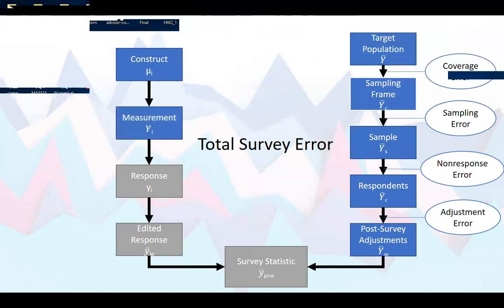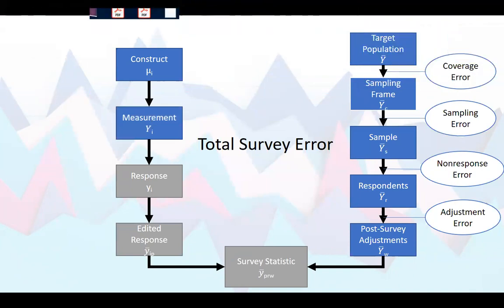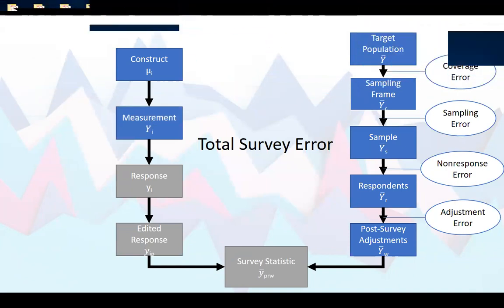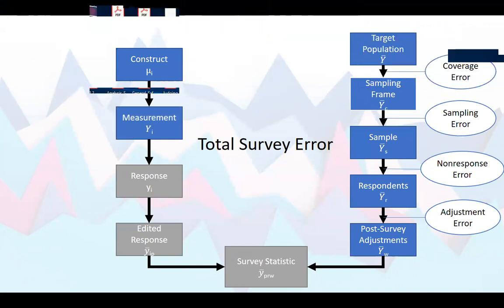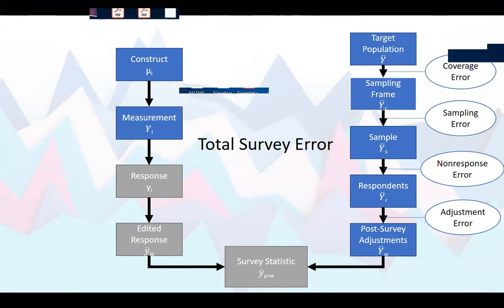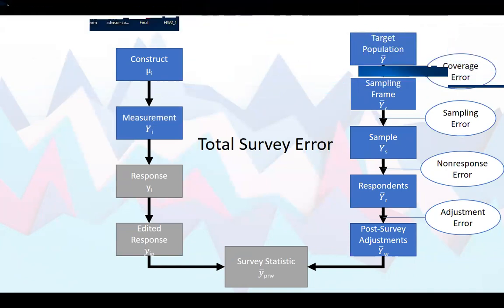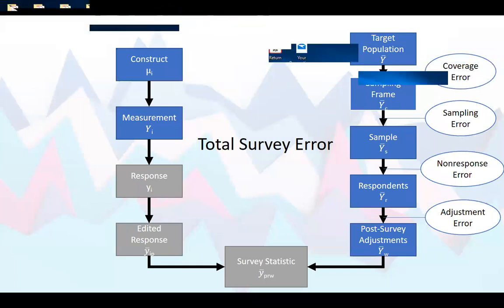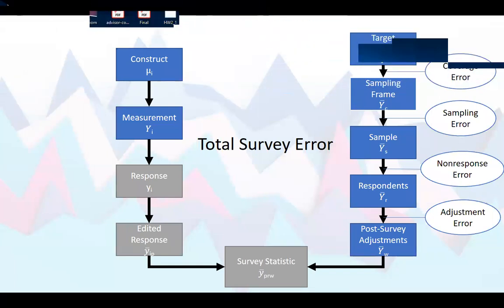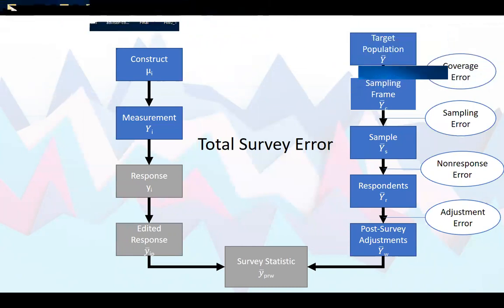So in moving from the construct to measurement, what you're thinking about here in particular is how do I ask the right kind of question to really capture abstractly what I'm talking about here. Sometimes this is easy. Sometimes it seems easy, but it's a lot harder than you think it would be. But in most cases, it's extremely challenging because in most cases, especially when it comes to social sciences, the concept that you're trying to capture at the end of the day, measuring in terms of a survey statistic, is quite complex.